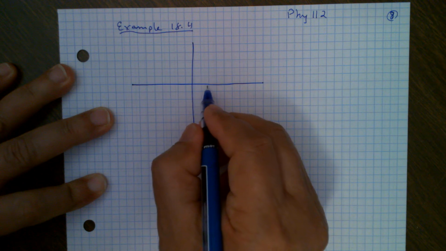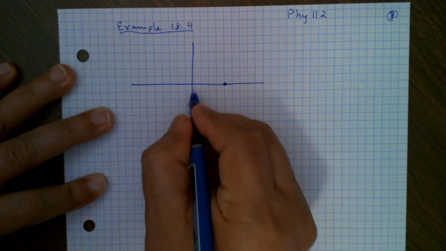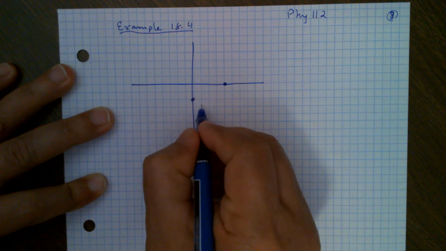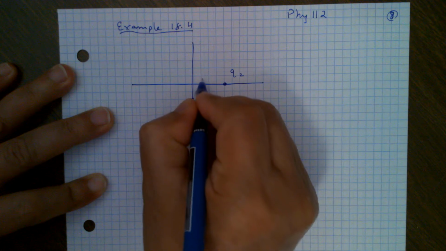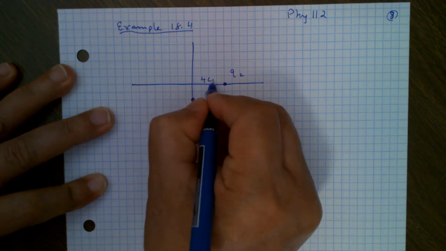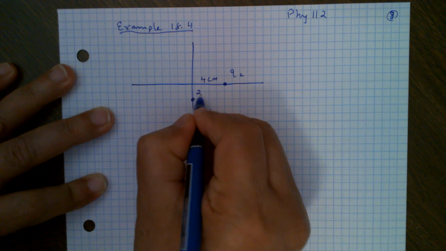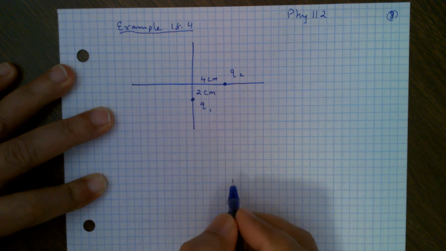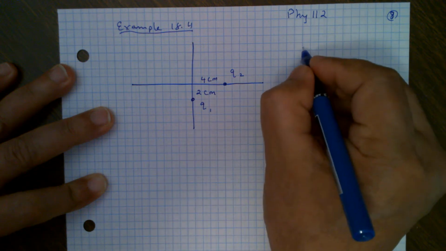This is 4 centimeters, and this is 2 centimeters. This is Q1. This is Q2. This is 4 centimeters. This is 2 centimeters. Okay, and both of them are positive charges.